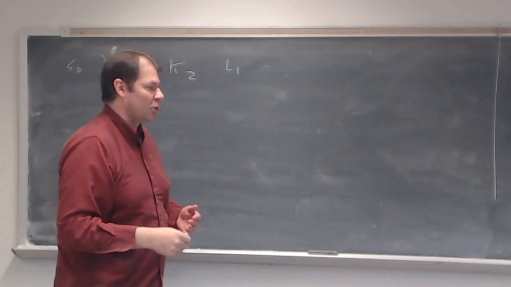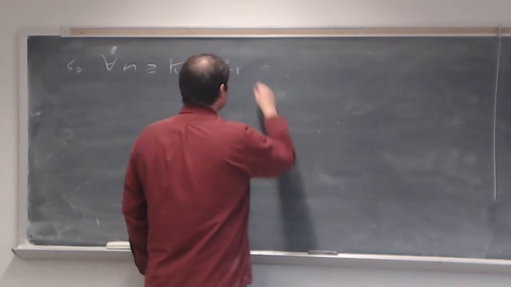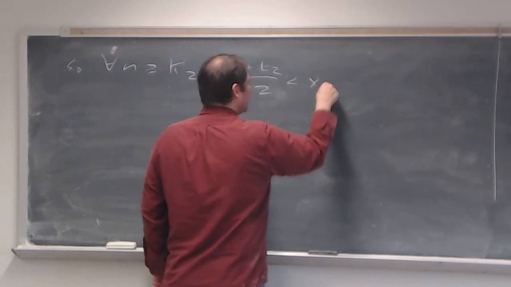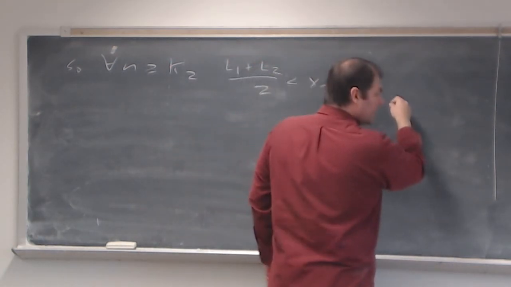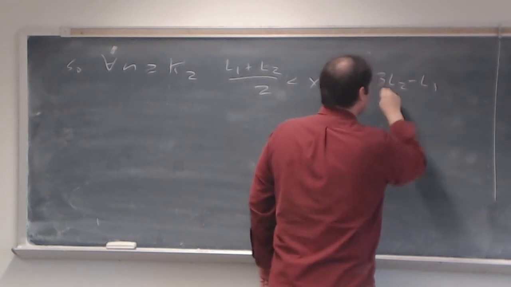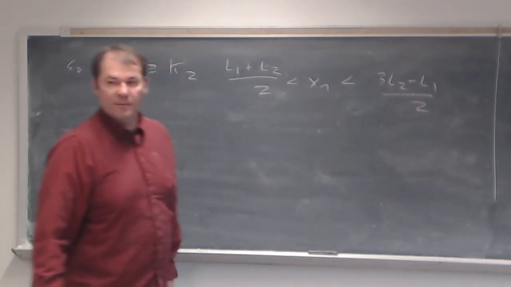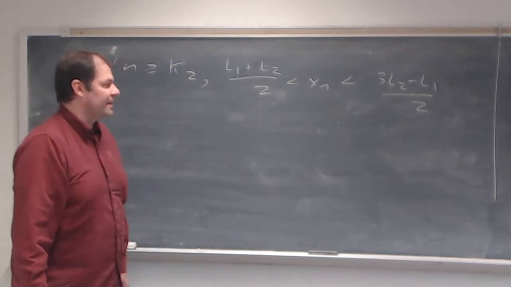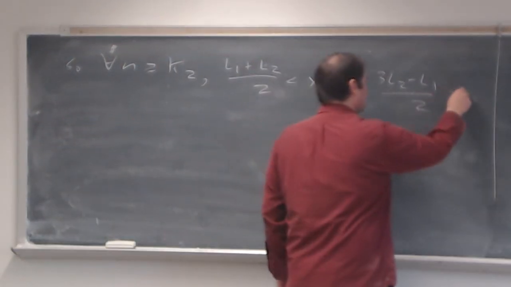So it's 2 L sub 2 over 2 that I'm adding. This will be L sub 1 plus L sub 2 over 2 less than x sub n, which is less than 3 L sub 2 minus L sub 1 over 2. Is that okay with everybody? That's the other analogous statement.